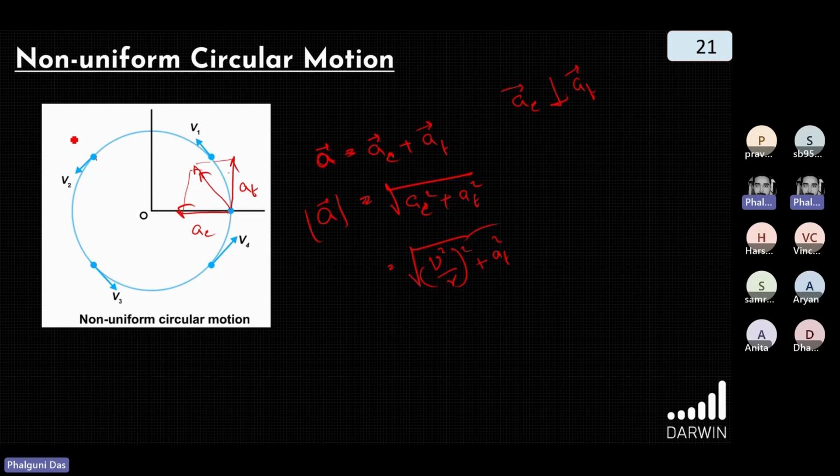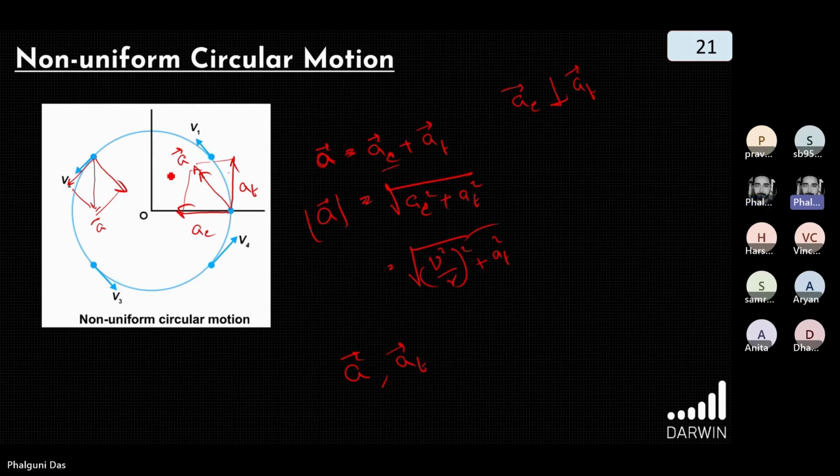Here centripetal acceleration is in this direction, tangential acceleration is in this direction, so basically the resultant will be somewhere in between. So the resultant acceleration does not have any specified direction. Here it points in this direction. Here it points in this direction. So for both the resultant acceleration and the tangential acceleration, we cannot say anything about the direction. But as for centripetal acceleration, we can say it always points towards the center.